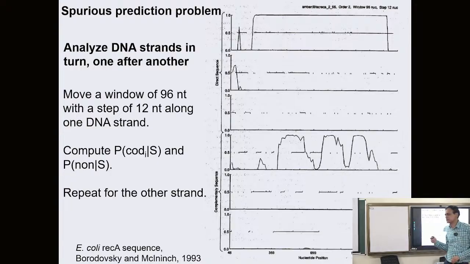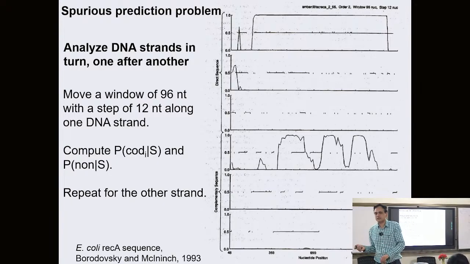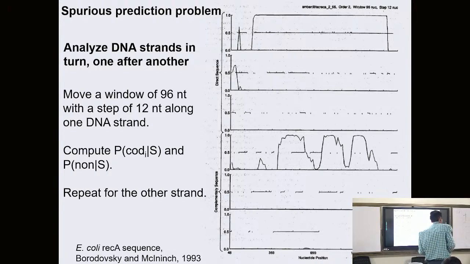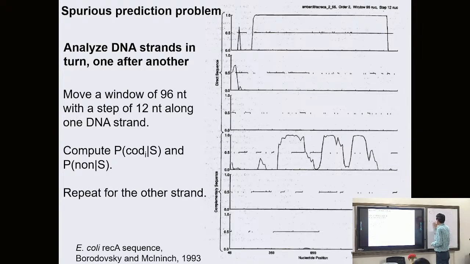People started thinking about why these signals come in the region of the strand opposite to where the gene is located. Finally they were able to figure this out. They found that there is an abundance of R and Y codons in genes, in coding sequences.